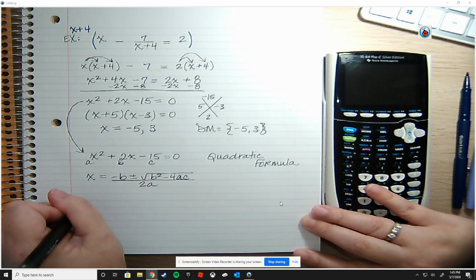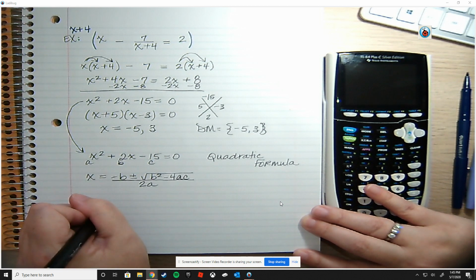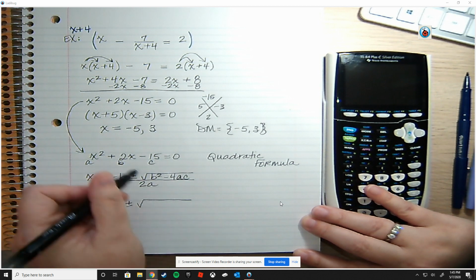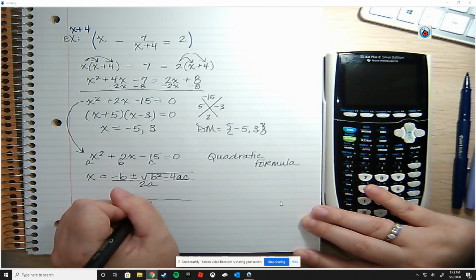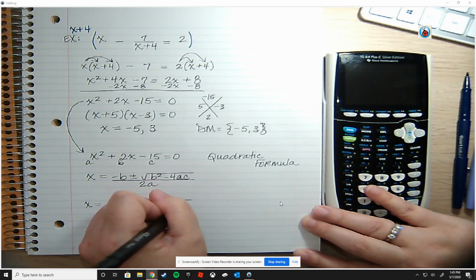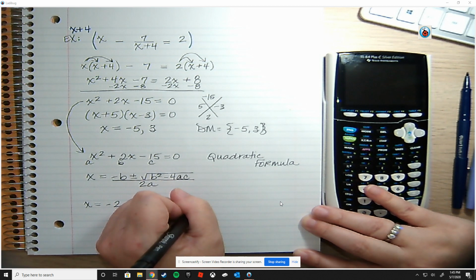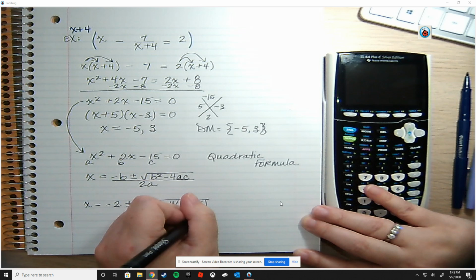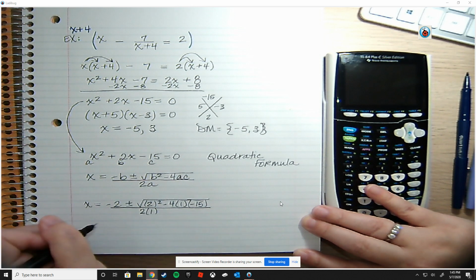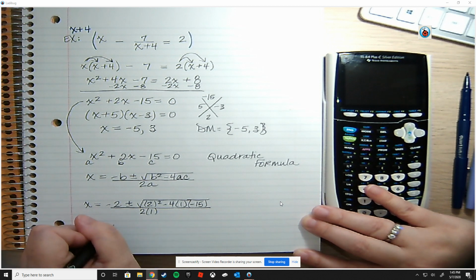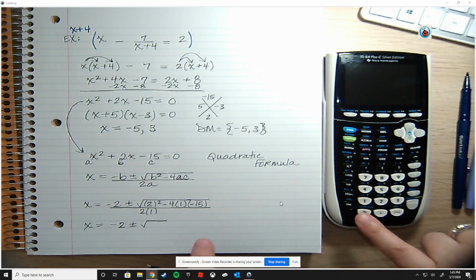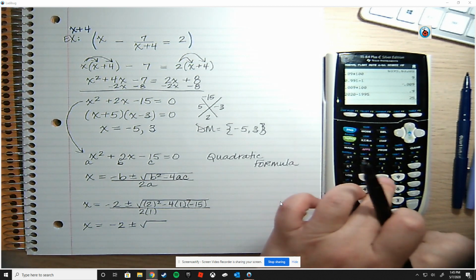So x equals the opposite of B, which would be negative 2, plus or minus the square root of B squared, so 2 squared, minus 4 times 1 times C, which is negative 15, all over 2 times 1. So x equals negative 2 plus or minus the square root. I'm going to use my calculator for this step.